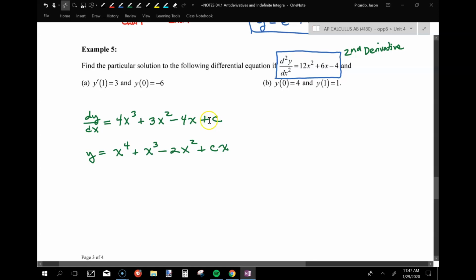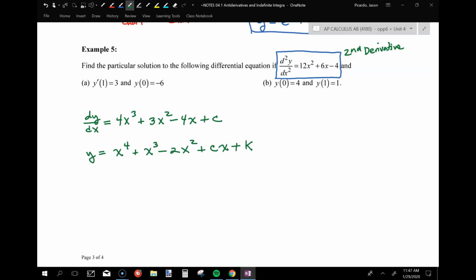Which means when I take an antiderivative, that constant had the potential to be differentiable when we take the second antiderivative. And Wolf said it. Because I'm taking another antiderivative, I have to add the c at the end. Of course, because I've already used c, I'll call this something else. Okay.